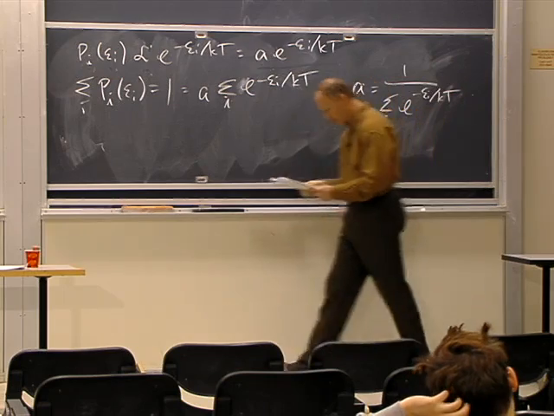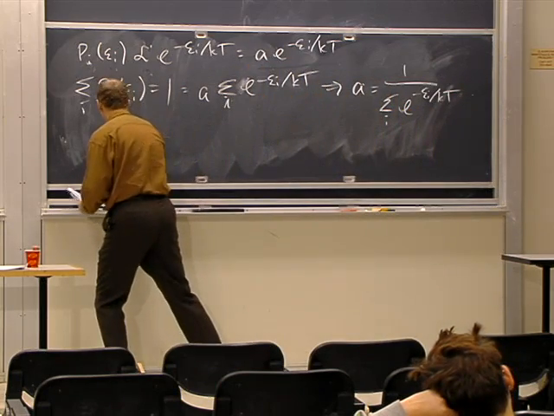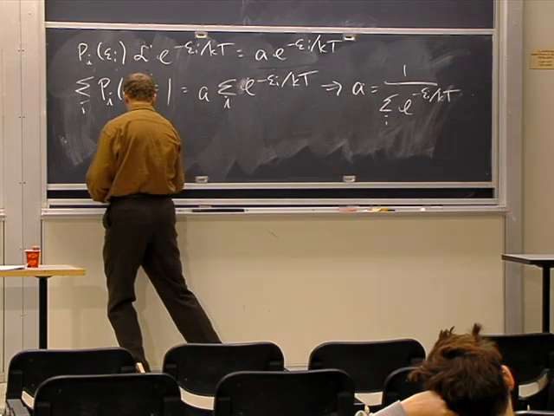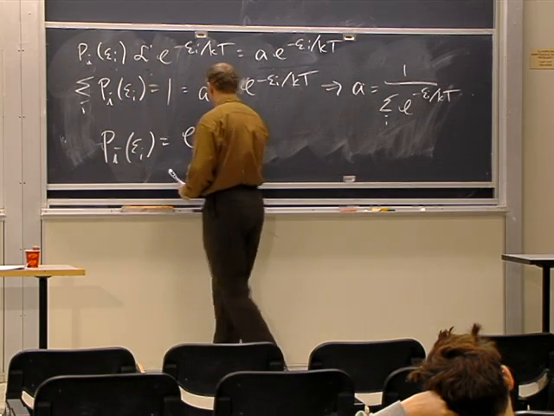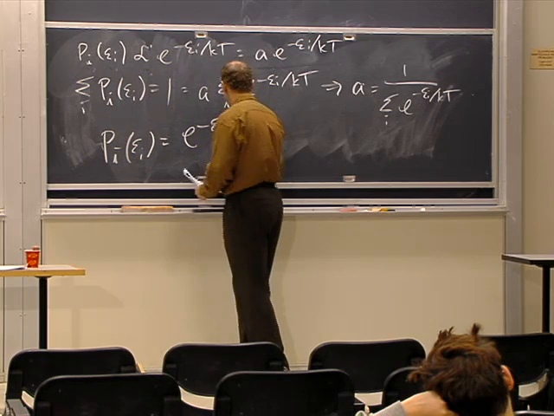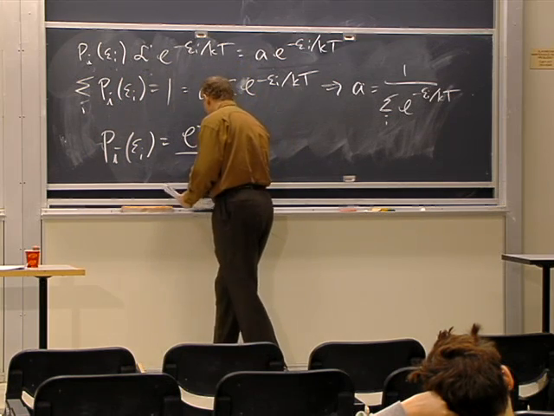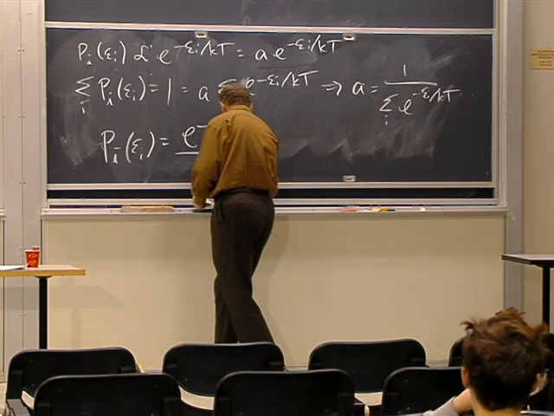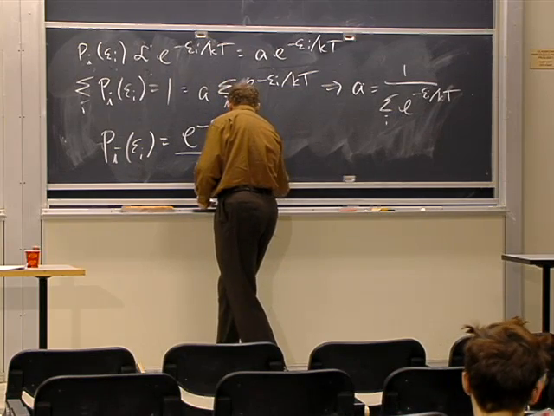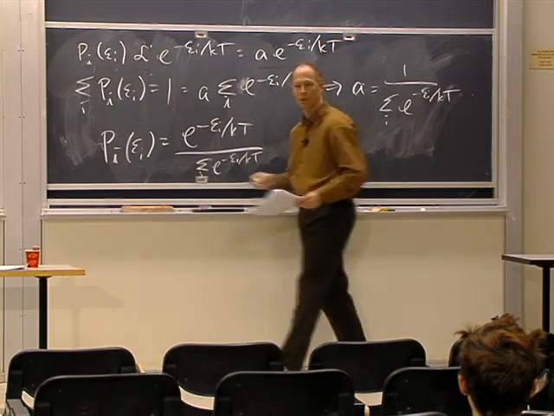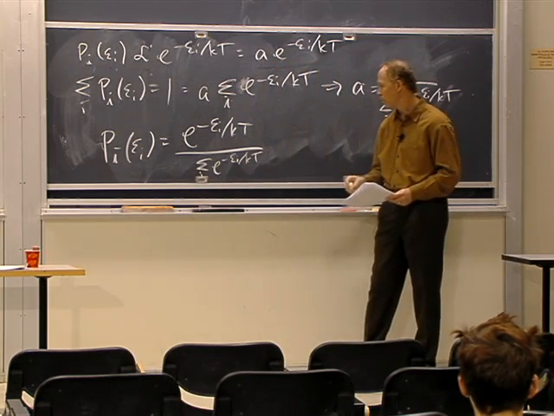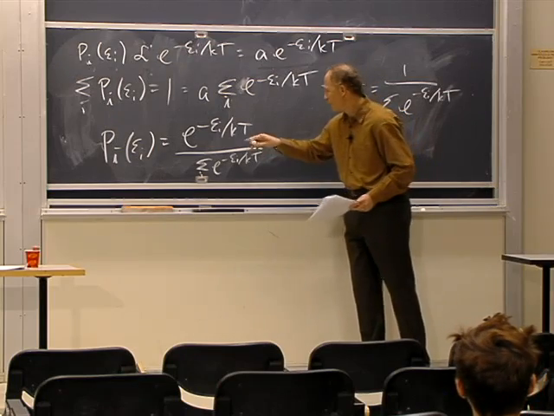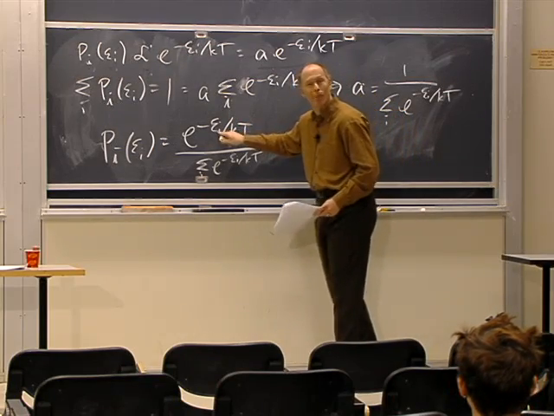So now we can rewrite pi of EI as e to the minus EI over KT over the sum over I of e to the minus EI over KT. Now, just so you're not confused, this I in the numerator matters.